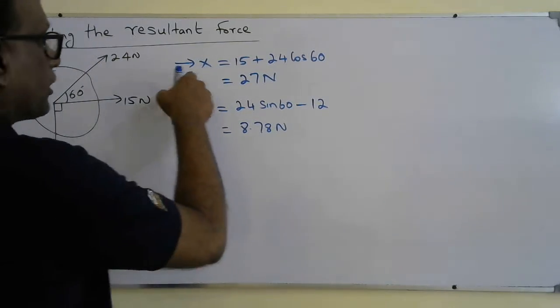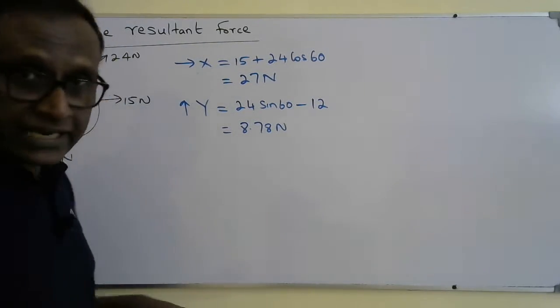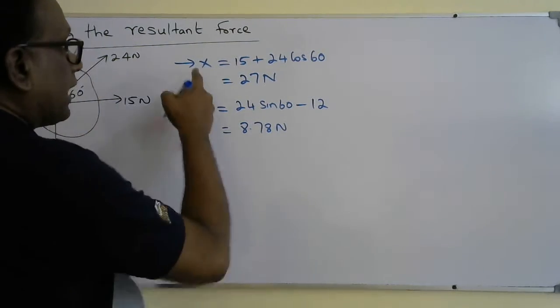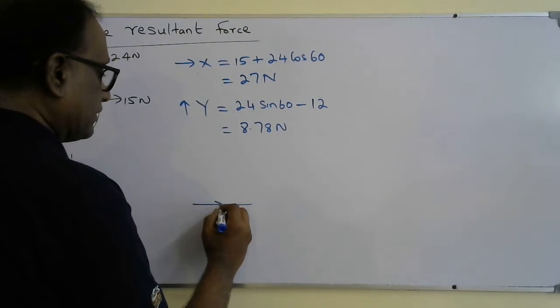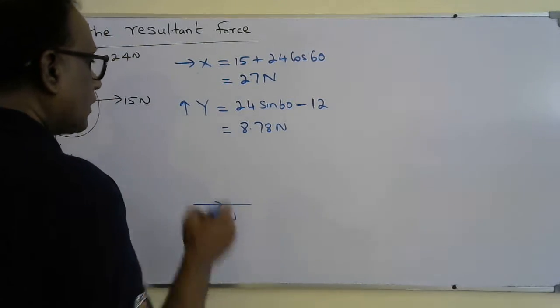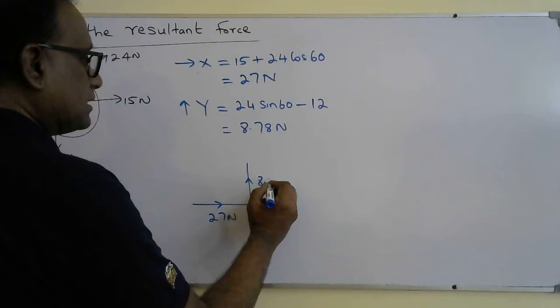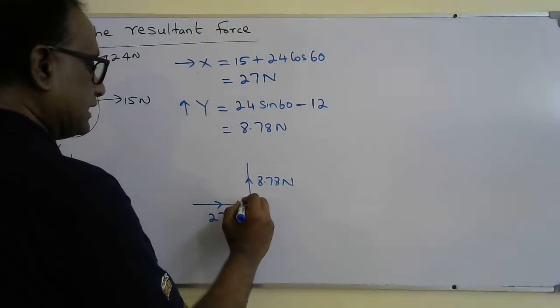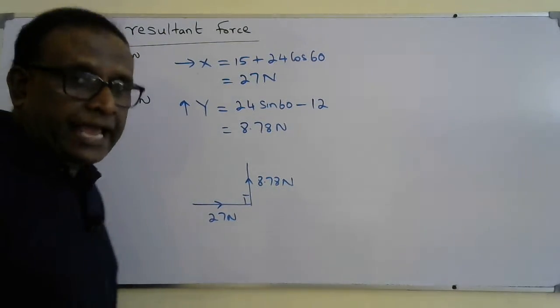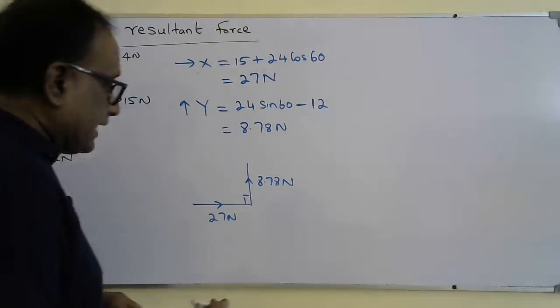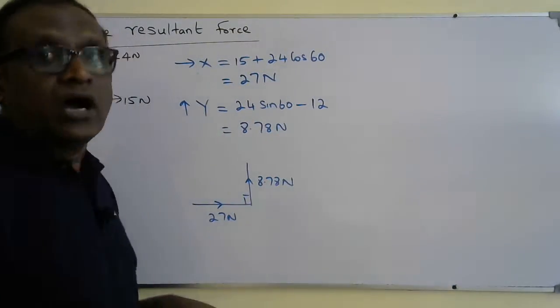Okay, so for the total horizontal force and total vertical force, if I sketch a vector diagram for these two right angle forces x and y, x is towards right 27 Newton, y is upwards 8.78 Newton, which is 90 degree. So I imagine I draw a vector diagram taking a scale of 1 Newton equal 1 centimeter.